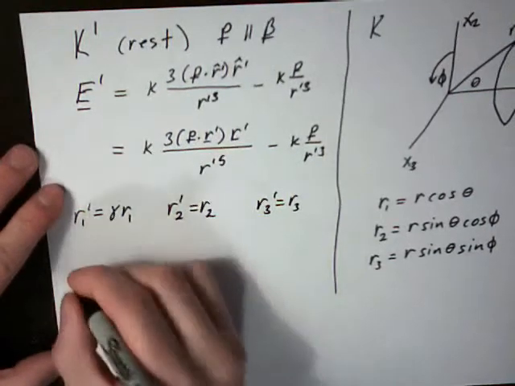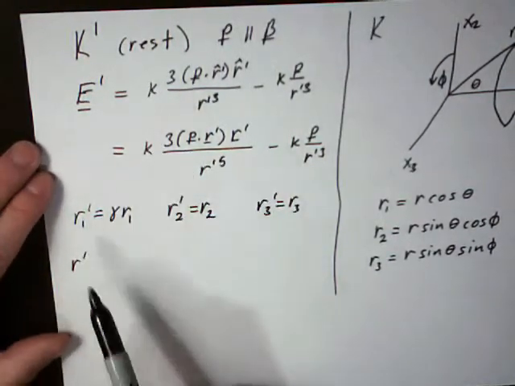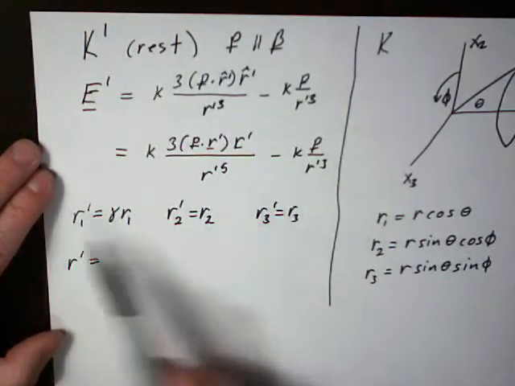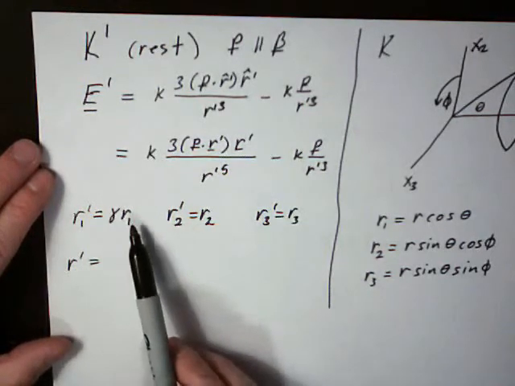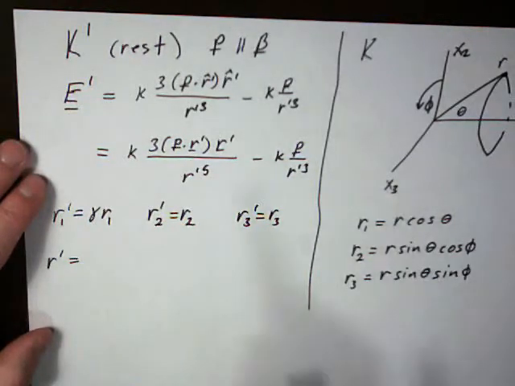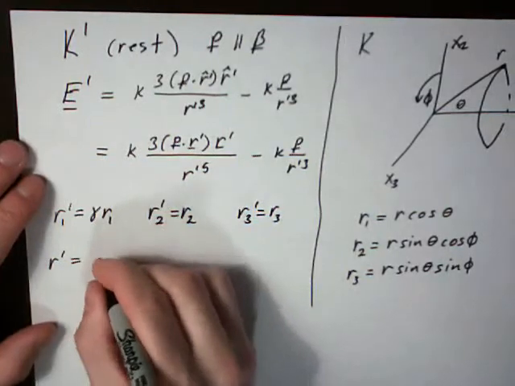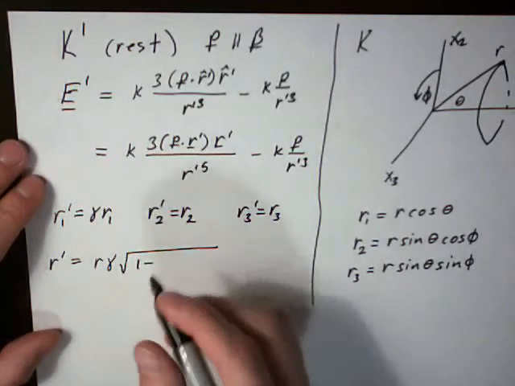I also need the full magnitude of r prime, and of course the magnitude is the square root of the sum of the components squared. And then if I write those components in terms of my unprimed components, I can plug all of this into that formula, and I arrive at a slightly odd formula here by simplifying.